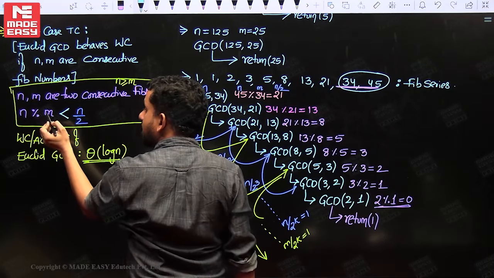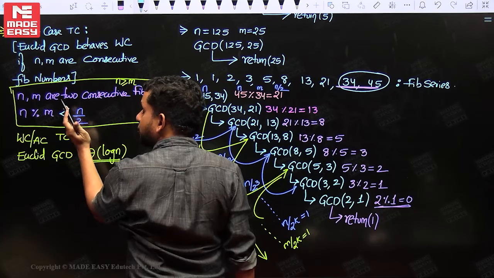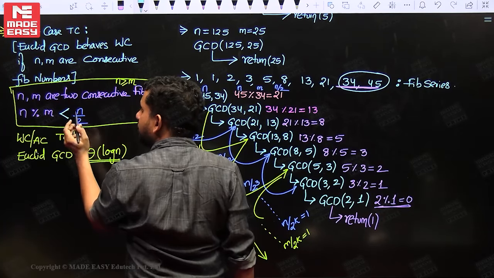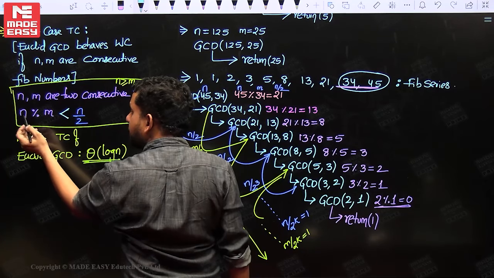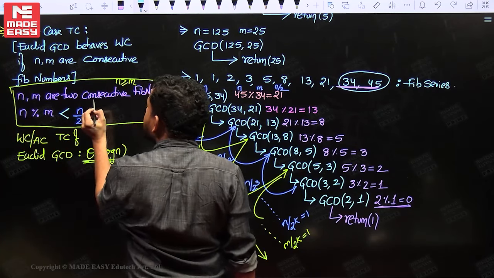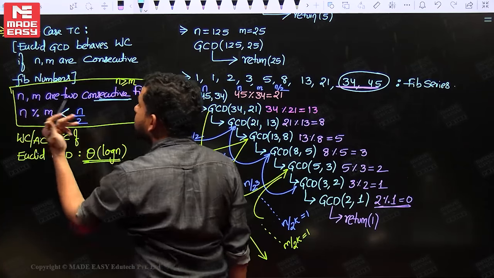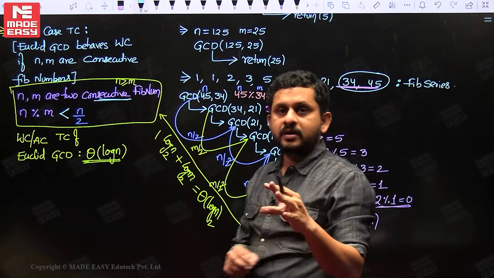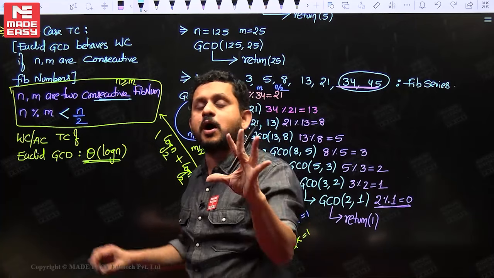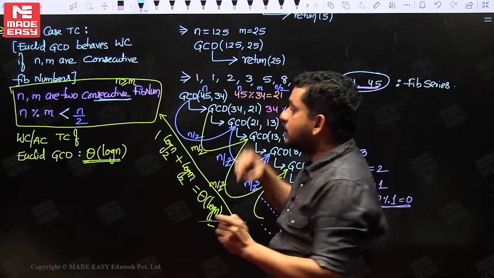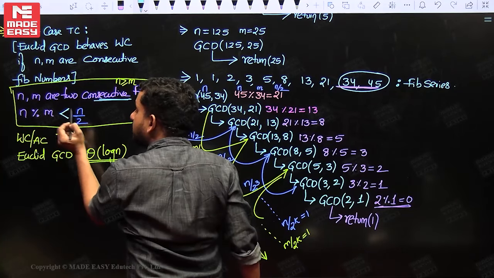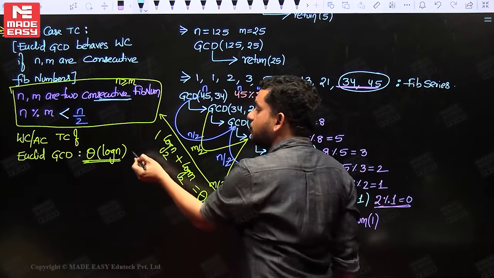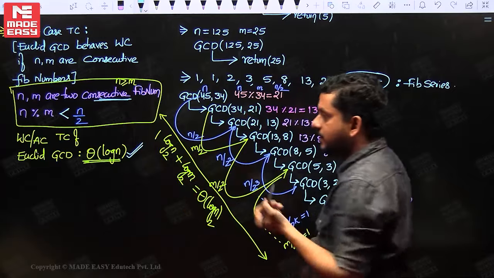If n modulus m is slightly less than n/2, it is close to n/2. But if n and m are not consecutive Fibonacci numbers, n modulus m becomes too small compared to n/2. So if n and m are consecutive, n modulus m is close to n/2, and the worst case time complexity becomes log n.